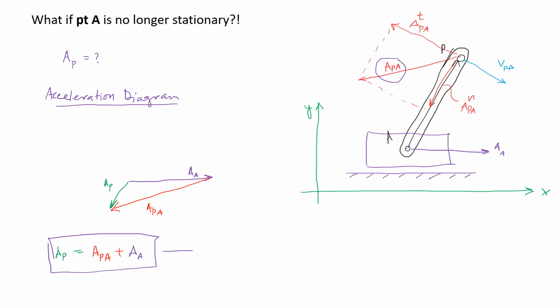And the same expression can be rewritten in terms of finding out the relative acceleration expression, which obviously is going to be the acceleration of point P when you subtract the acceleration of point A from it. So we can use these expressions in two different cases, when you have the relative acceleration to be found out, or if you wish to find out the difference of acceleration, so that's also possible.